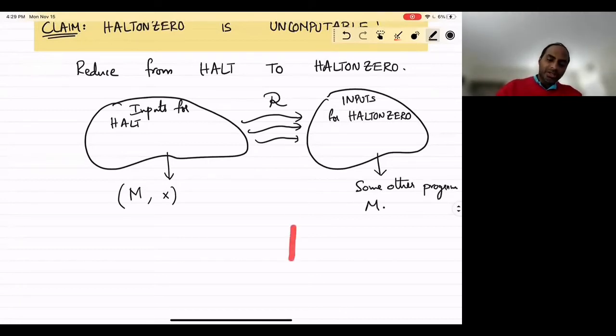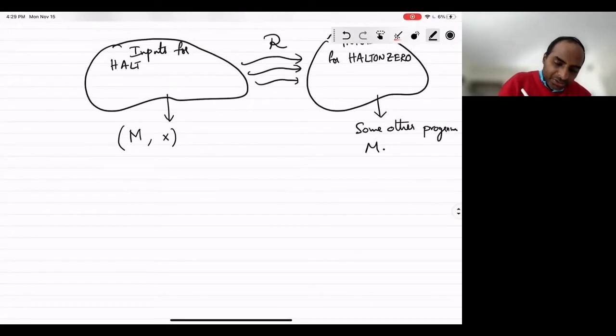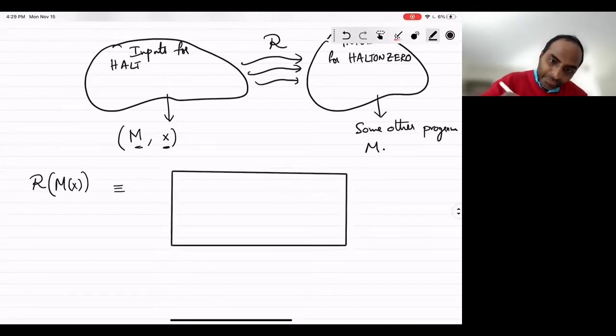Okay. So what we're going to do now is, suppose I had the description for M and X, I'm going to write down the description of a new program. The new program is defined as follows: R of M of X is the following program.